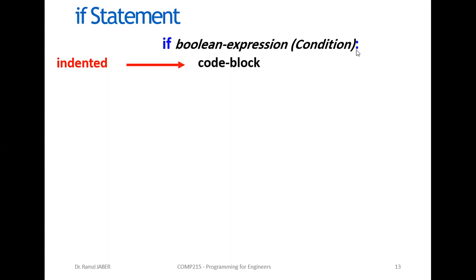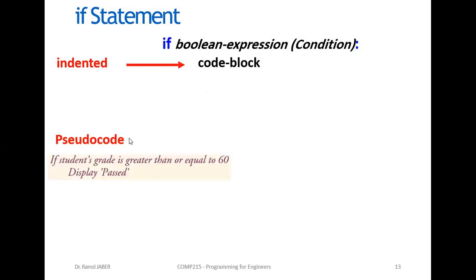It's a colon. Then enter, tab, and write your first statement. Enter, tab, the second statement. Enter, tab, the third statement. So the if statement in Python: if Boolean expression, condition, colon, enter, tab, your code here. This is only for if.